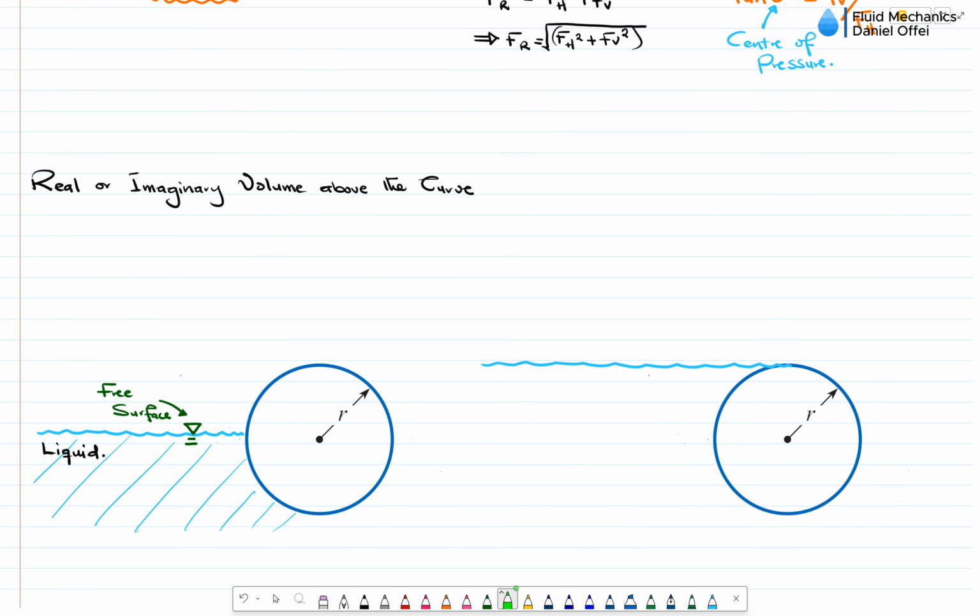So in our first situation, this is the curve that is submerged in the liquid. And the volume above the curve is not actually in the liquid, but it is an imaginary volume that is above the curve.